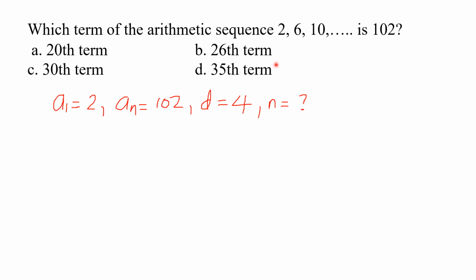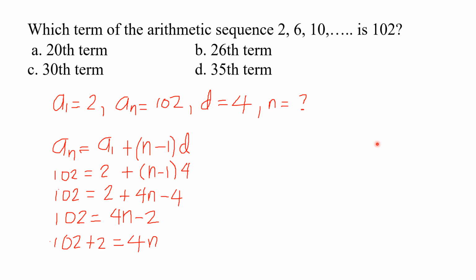How do we find that? We simply subtract 6 minus 2, that is 4. And we want to find what term corresponds to 102. And again, from the formula of an arithmetic sequence, a_n is equal to the first term plus n minus 1 multiplied by d. And we simply replace accordingly.